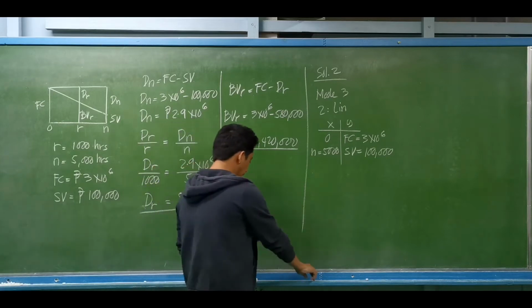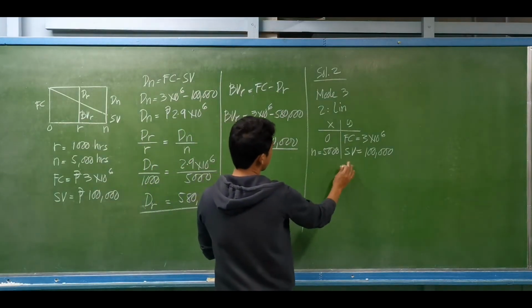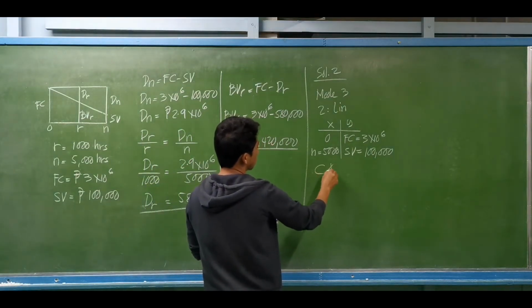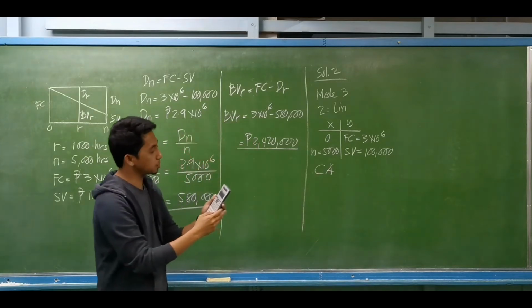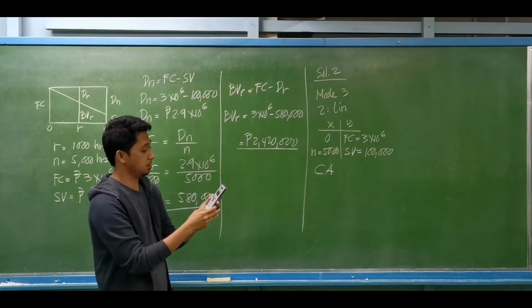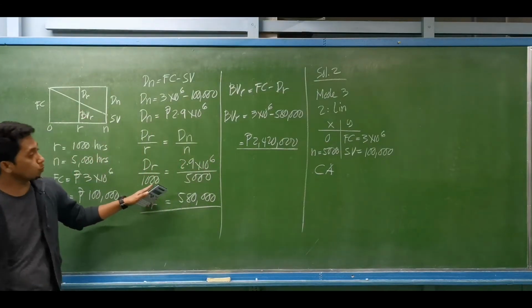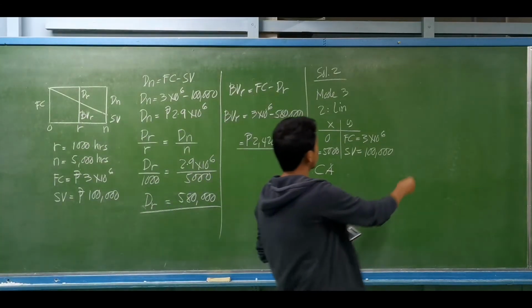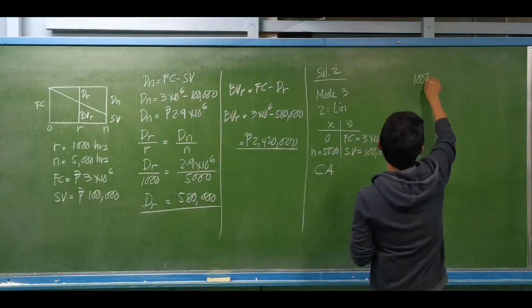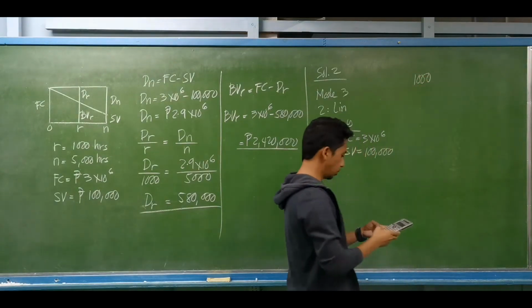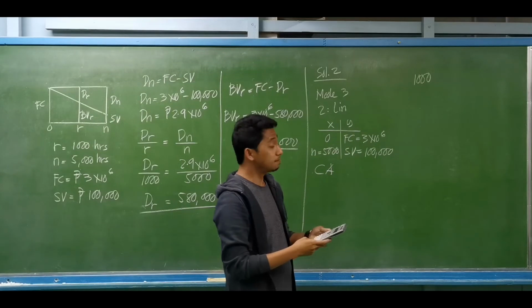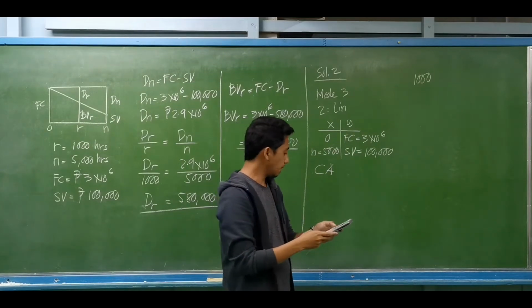So after entering the data, we may press AC, that is for clear all. Then we are looking for the book value at 1,000. So we are to enter 1,000. Then shift stat.